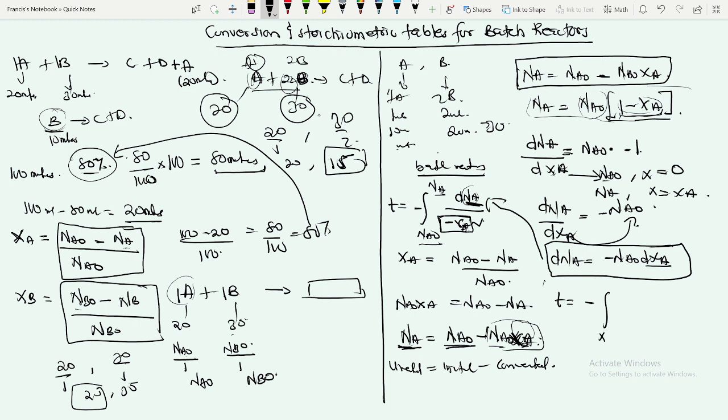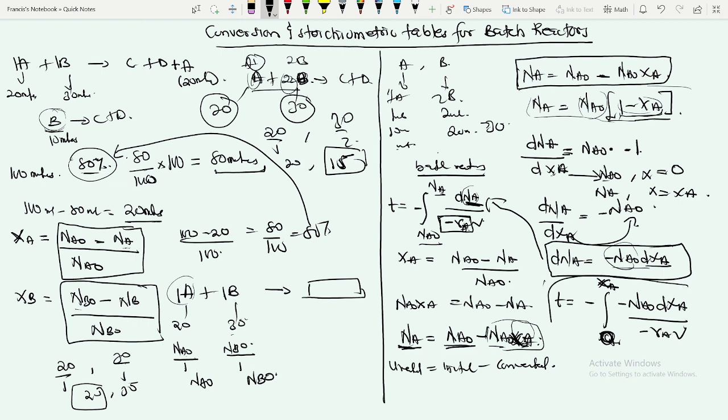So from 0 to Xa, and then we'll put our dNA there. So our dNA is now this: negative Na naught dXA all over negative RAV.